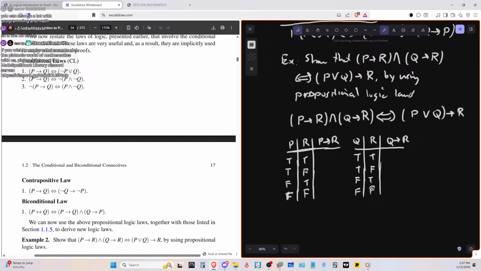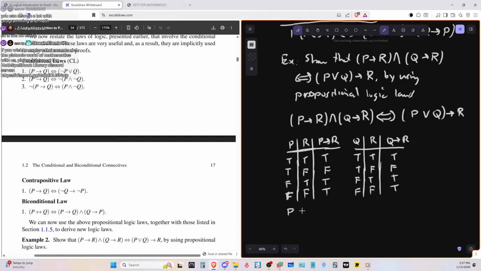So, thinking back to what we thought about, this would be true, this would be false, this would be true, and this would be true. And then the same on this side: true, false, true, true.